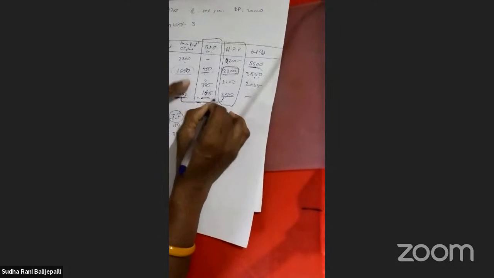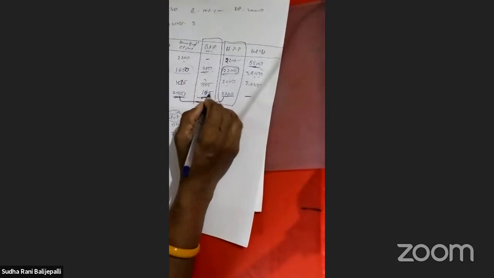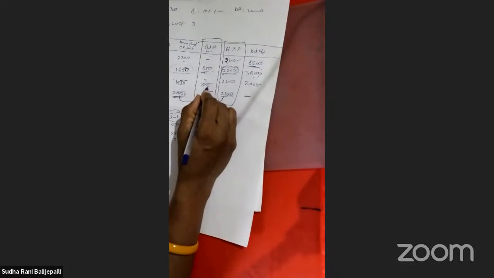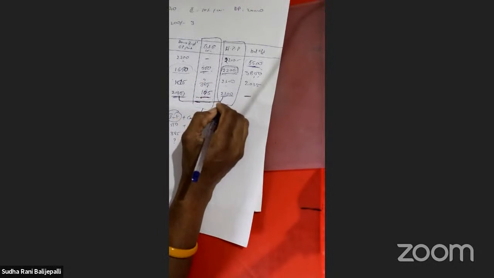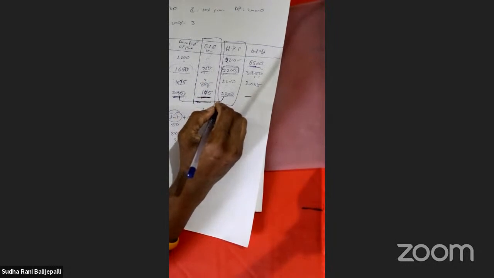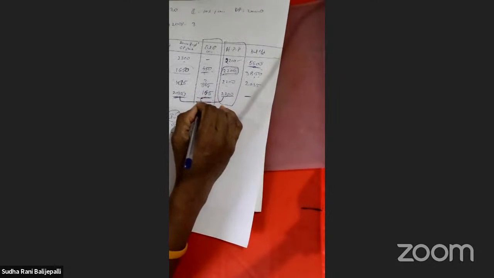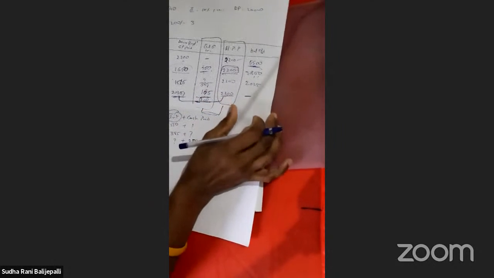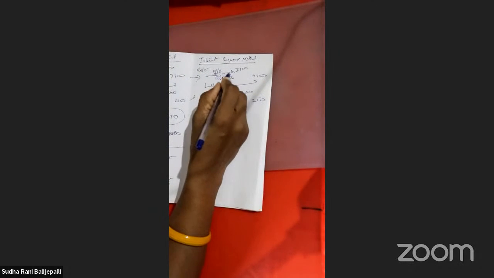Total this interest is 550, 385, 160. 190, 160 plus 390. So 550, 550. How much you are getting? 1100, right? So here we will show machine third method.